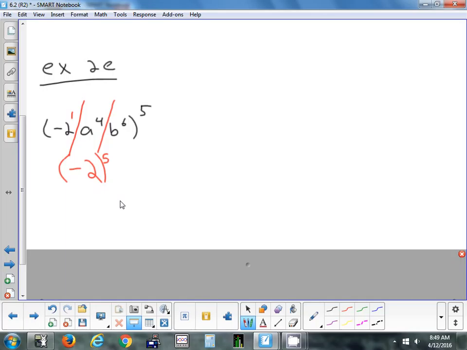How about the A? What's the A going to become? Remember, you're not adding those exponents. Not sure? Okay. Rosie? A to the 20th.